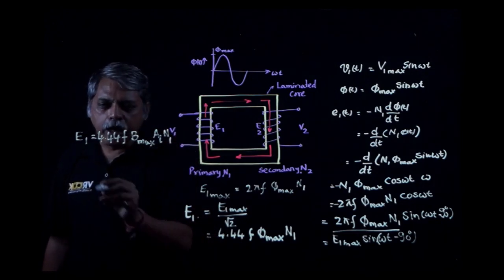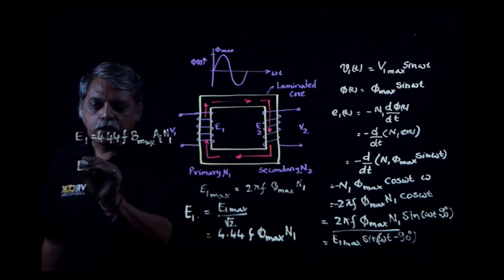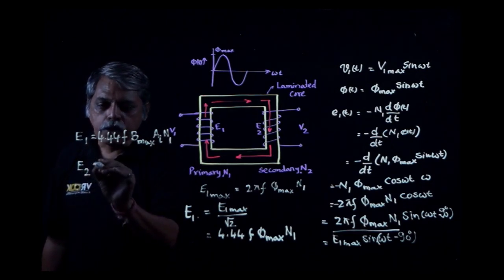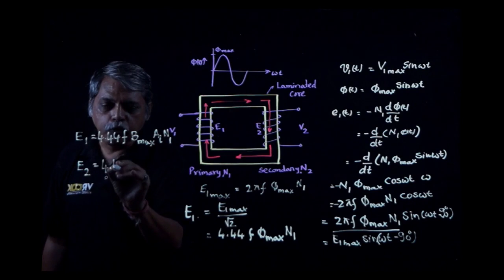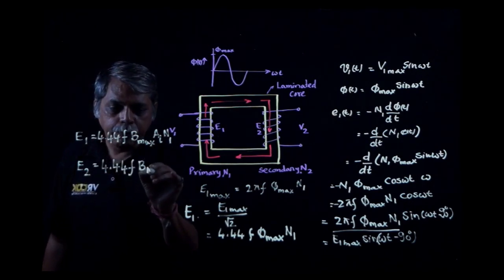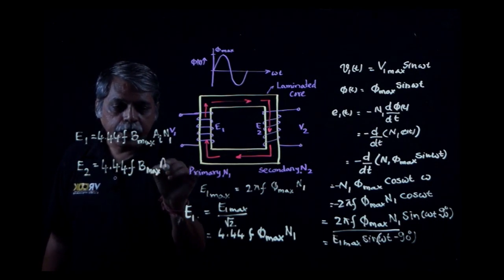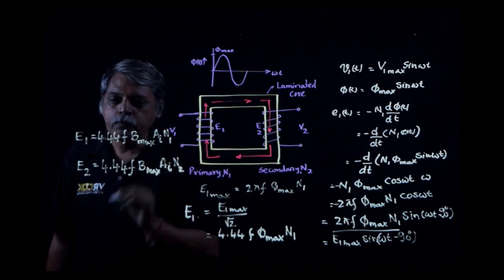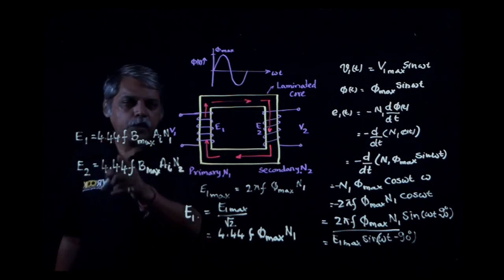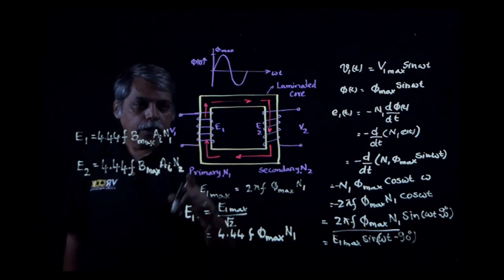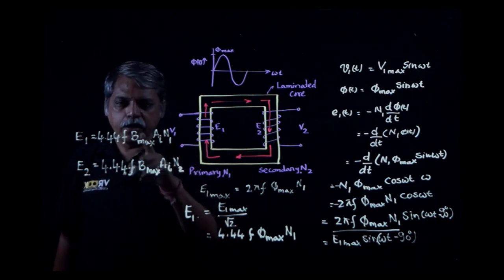Along the same lines, the induced voltage in the secondary is E2 equals 4.44 f B maximum Ai multiplied by N2. These are the expressions for the induced voltage in the primary and secondary of the transformer.